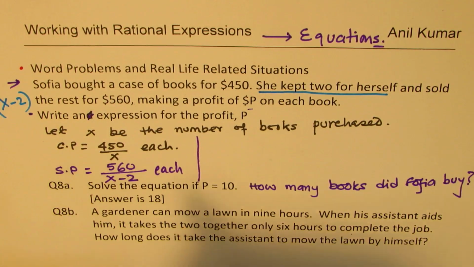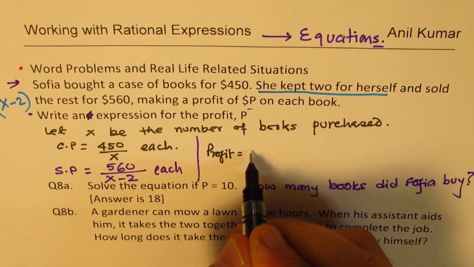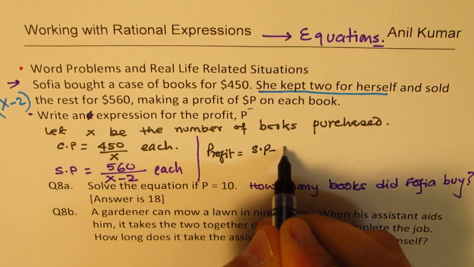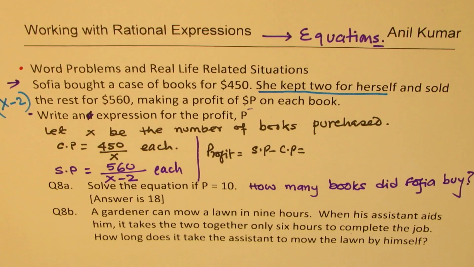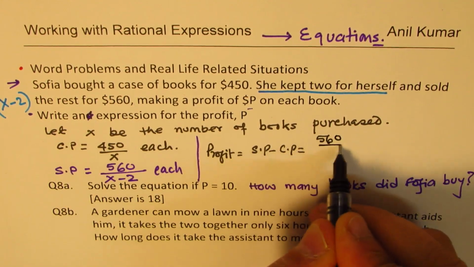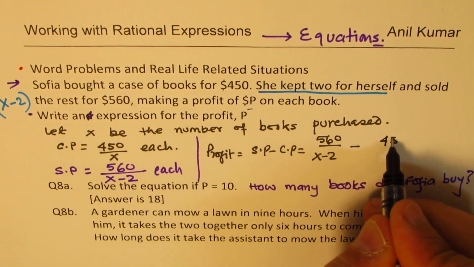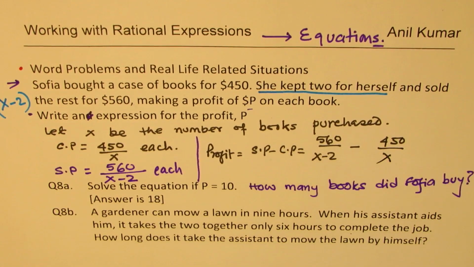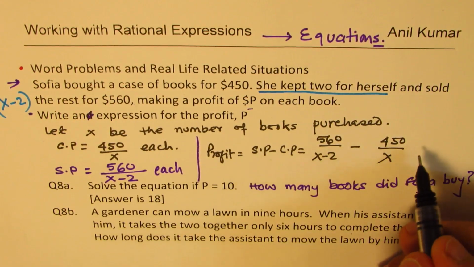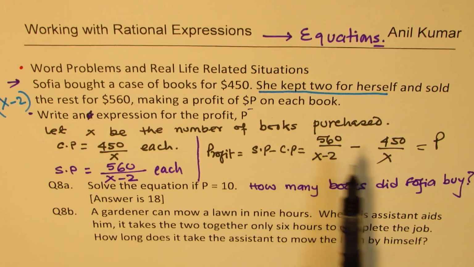So the expression for profit, which basically is selling price minus cost price, should be what? Difference of these two. So we get 560 divided by X minus 2 minus 450 divided by X. Perfect. So that becomes your profit P. So that becomes the expression for profit.